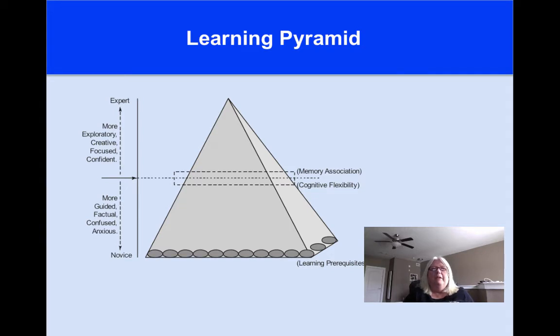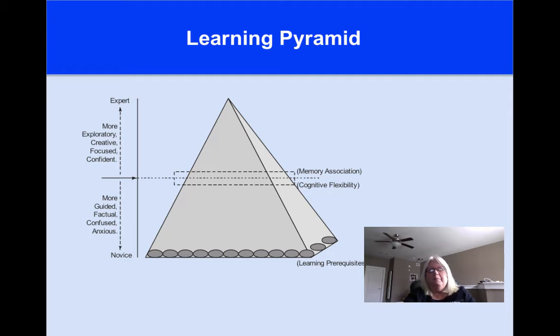And here where the middle arrow is, this is the point where the trainees are now ready to shift to more exploratory learning approaches. So an effective HRD program has to first identify where trainees are in terms of this pyramid, and then provide assistance for the trainees to move up toward an expert level of performance.